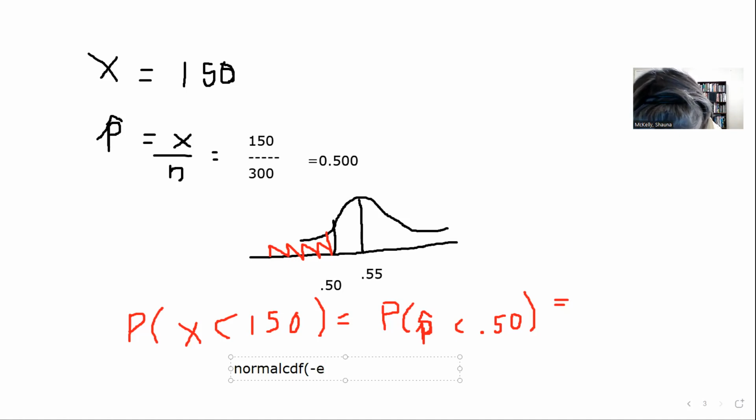I'm going to write it as negative E99 to 0.50. Mean is 0.55. And standard deviation is 0.0287. We're going to put that in our calculator and see what we end up with.